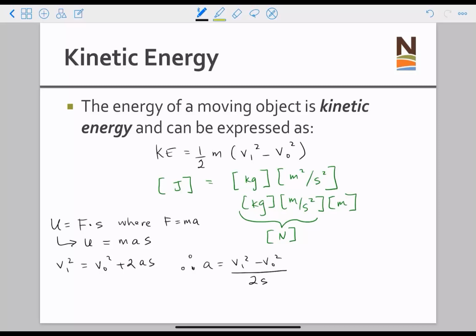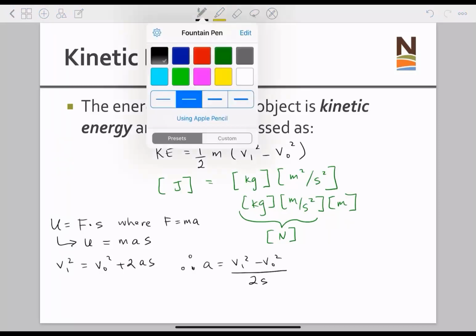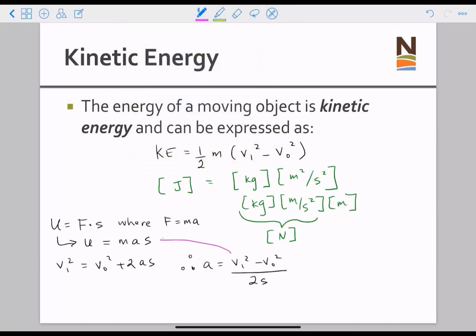So I'm going to take this value and plug it into here for a. So U is equal to m, and I'm going to plug in that value for a, v1 squared minus v naught squared over 2s, and I have an s left over. So of course those s values can then cancel out.